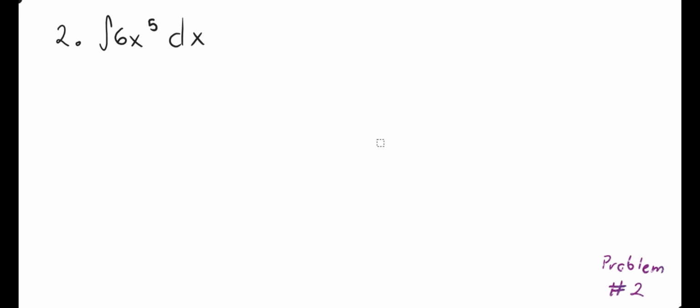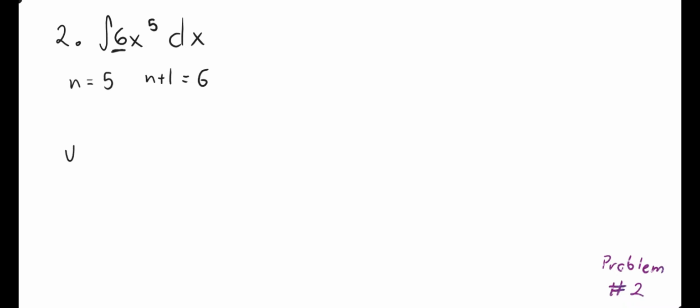This one should definitely be a little bit similar to the first problem, so let's get to it. We notice that there's a 6, so we will leave that 6 over there. We notice from our formula that the n is a 5, so to do the integral we are going to have to do a plus 1, which is going to equal 6.